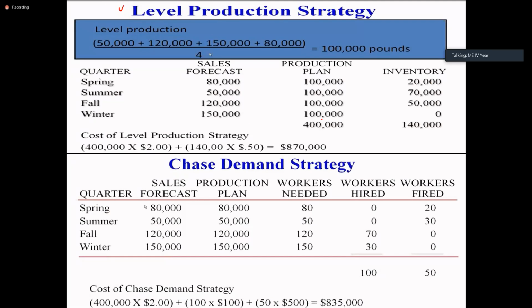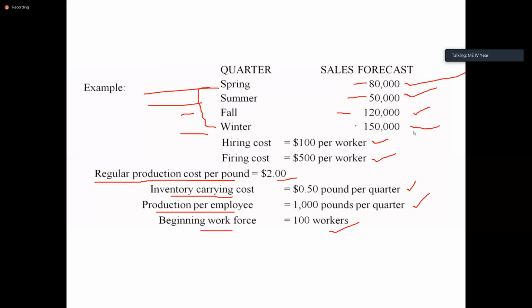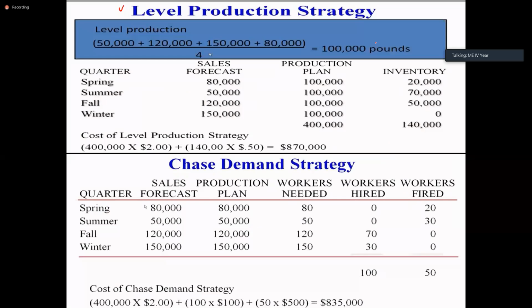From the question, you have demand, these are 4 demands. Simply you can take the average of these 4 demands. You get 1 lakh parts you have to make, quarterly.